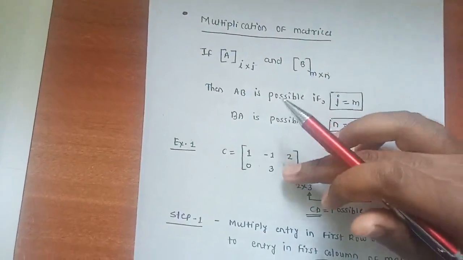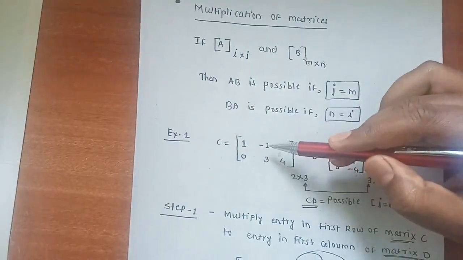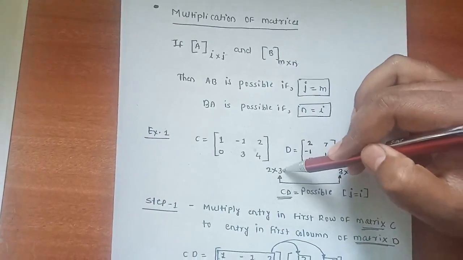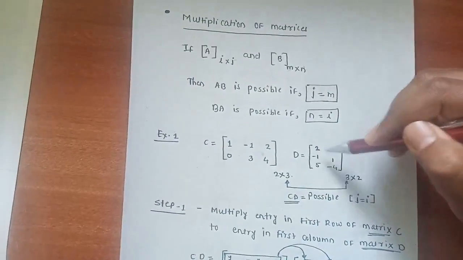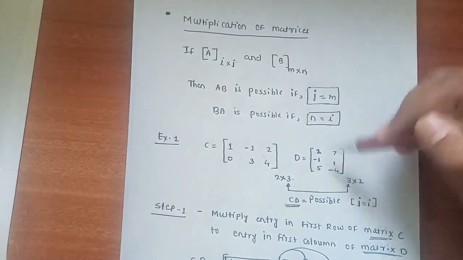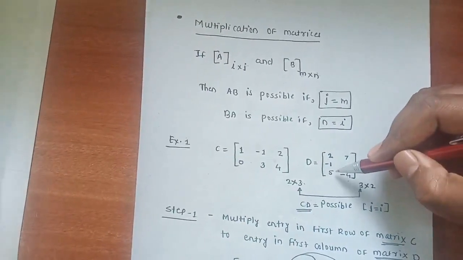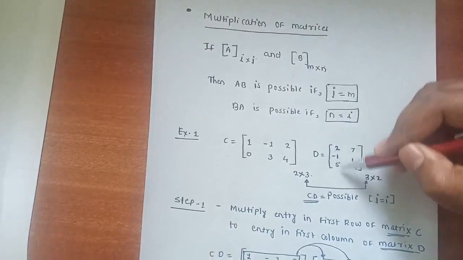Now I will explain the same thing here. Just look at the order of this matrix. This is 2 by 3, that means it has 2 rows and 3 columns, and the order of this matrix is 3 by 2, that means it has 3 rows. The first row is 2, 7, the second row is minus 1, 1, the third row is 5, minus 4. So it has 3 rows and 2 columns.